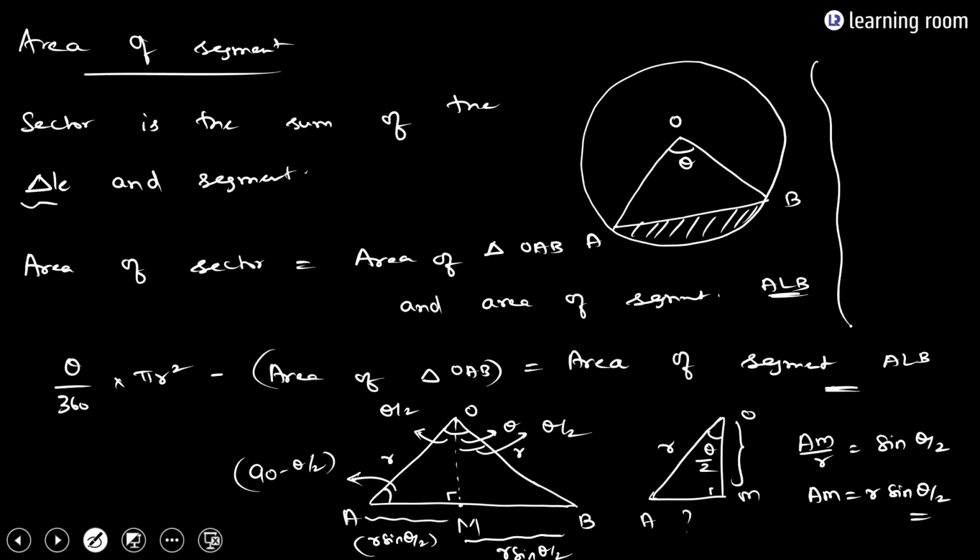What is OM? So I'm writing it here. What is OM divided by R equal to? It is cos theta by 2. Accepted? So OM divided by R is cos theta by 2. So OM will be equal to R cos theta by 2. Is there any doubt till here?